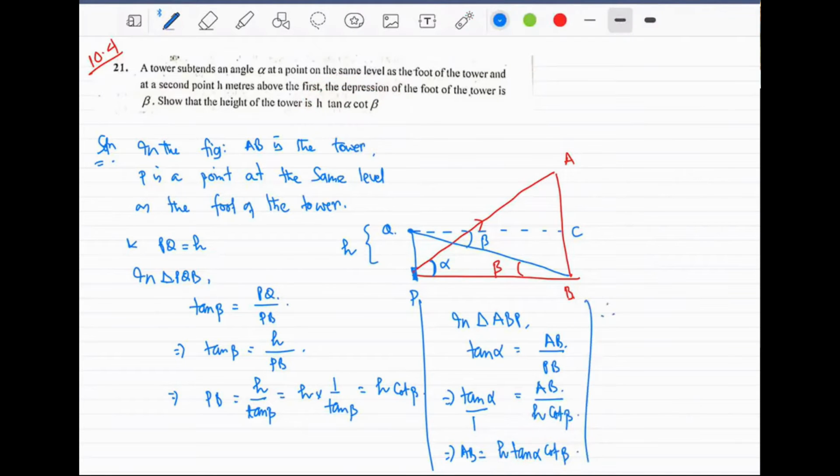Therefore, height of the tower is H tan alpha cot beta. So you can say here 'hence shown' or 'hence proved', whatever the question is saying.